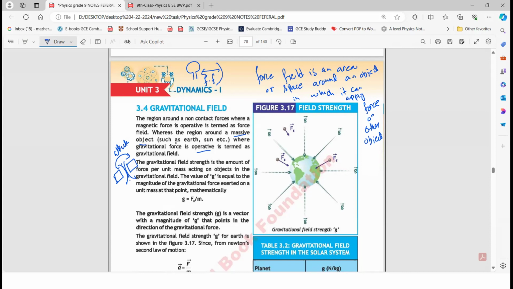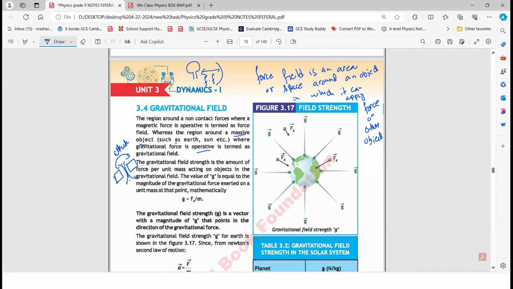But to feel that gravitational force, there should be a major difference between the two masses. Obviously, it's a non-contact force, but the mass should have a greater difference between each other.